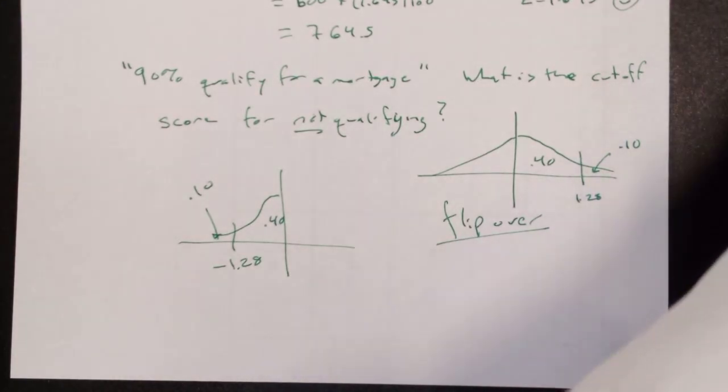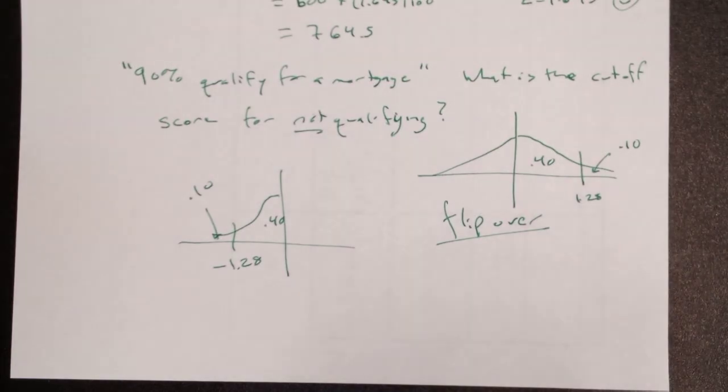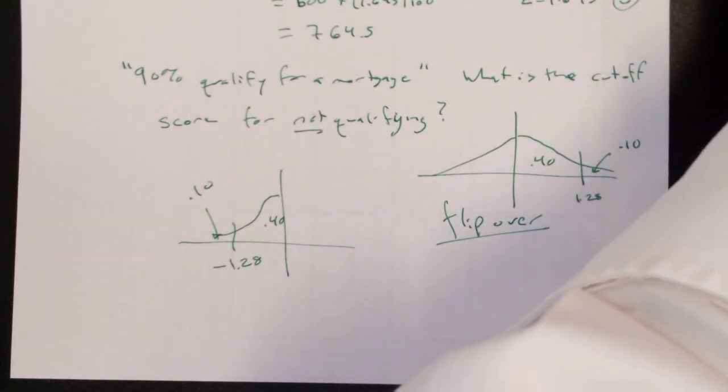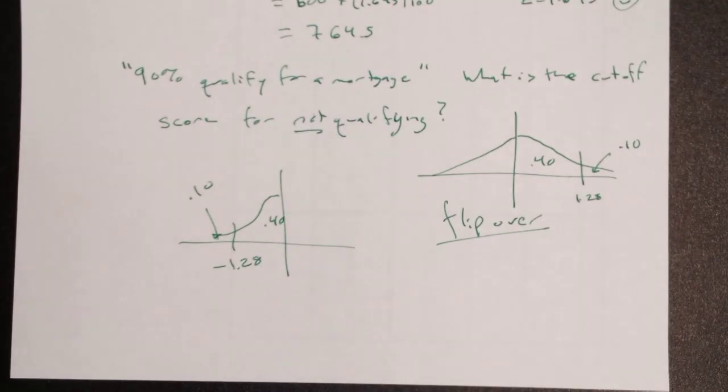Dot INV. Now I give it the probability, which we just said was 0.1. And then I can put a 0 or a 1, which gives a CDF versus a PDF. I'm pretty sure that's the one that works. Nope, that is the wrong one. I don't bother with that. It always gives me the CDF. There we go, negative 1.28. Ta-da! That's the number I wanted.